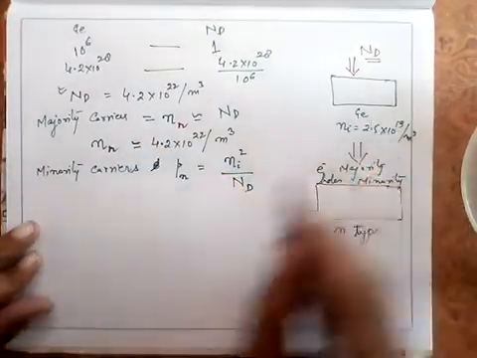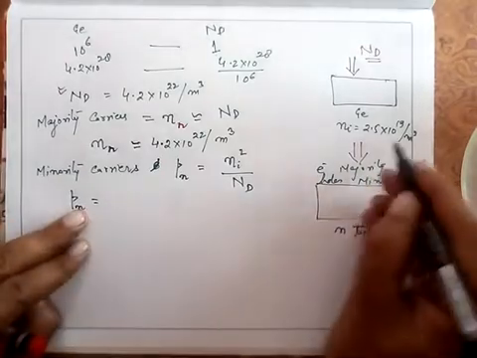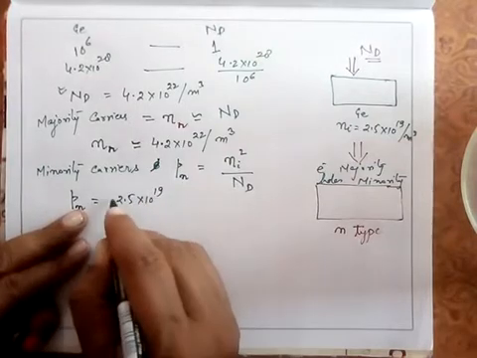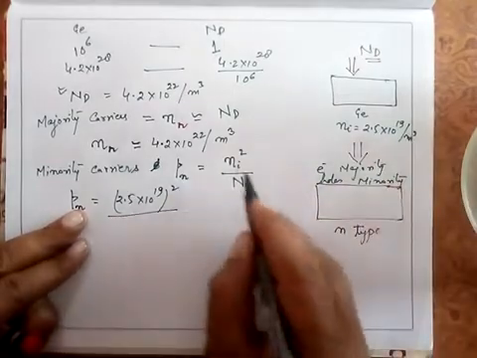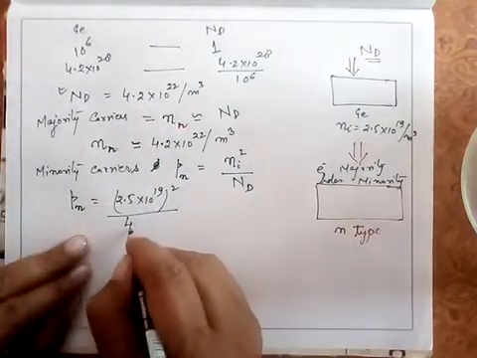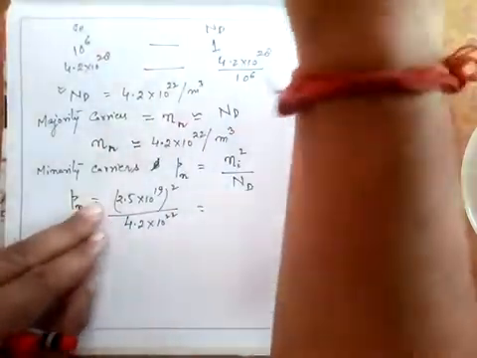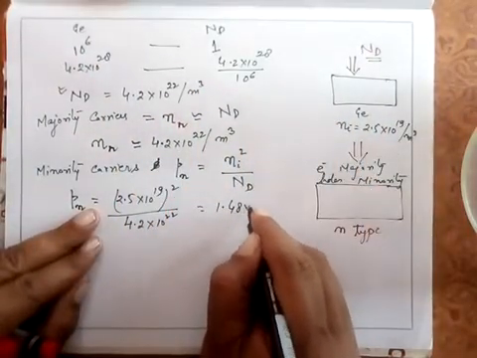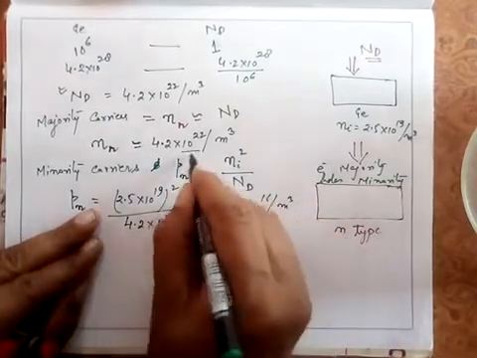So the holes in this n type semiconductor are equal to 2.5 into 10 to the power 19 whole square upon Nd, which is 4.2 into 10 to the power 22. If you solve this, the result comes out to be 1.48 into 10 to the power 16 per meter cube. I want you to cross check this answer, please.